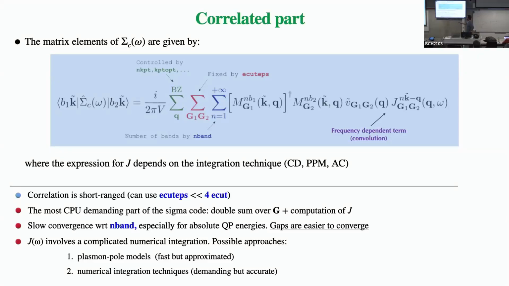The first one is a plasmon pole model, which is an approximation, but is fast and usually works nicely for states around the gap. The other techniques rely on numerical integration of the convolution. But in this case, we need the polarizability as a function of omega, both along the real axis and the imaginary axis. So they are way more expensive than the plasmon pole, but they are also more accurate.